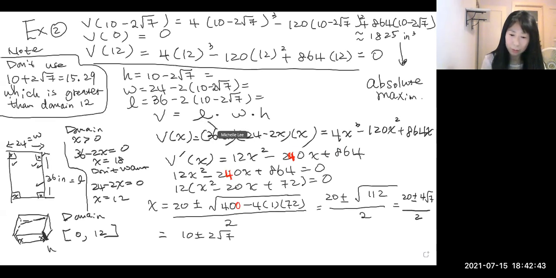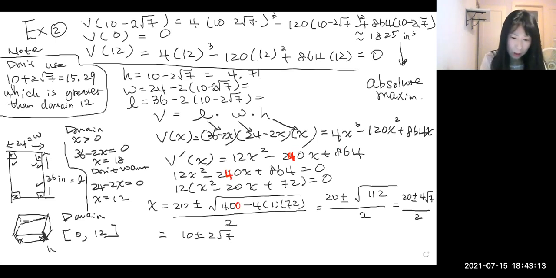What do you get? Ten minus 2 square root of 7 is 4.71.